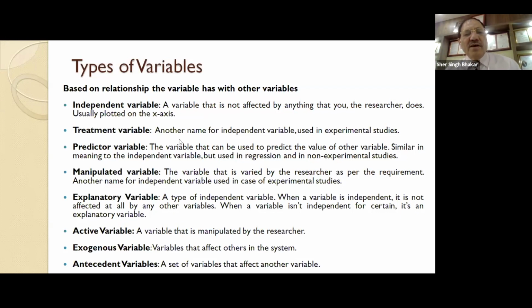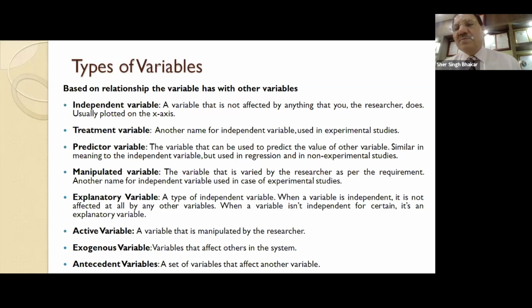Now, next is the same. Another name for the independent variable is treatment variable. If we use it in an experiment, the independent variable in case of an experiment is called treatment. It is a variable that is varied by the experimenter, or a variable that is treated, that is changed by the experimenter.